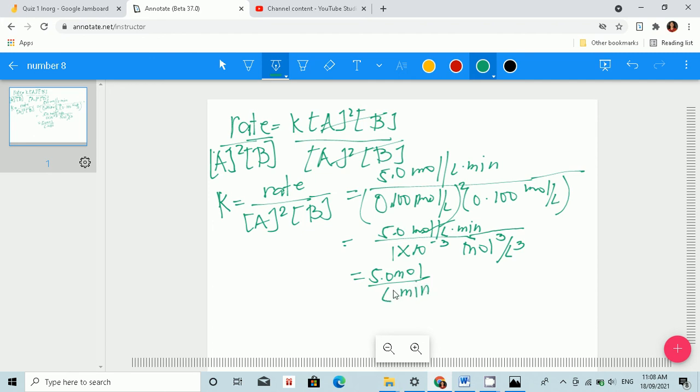In order for us to bring this denominator into the numerator, when we divide a fraction, we can multiply by its reciprocal.